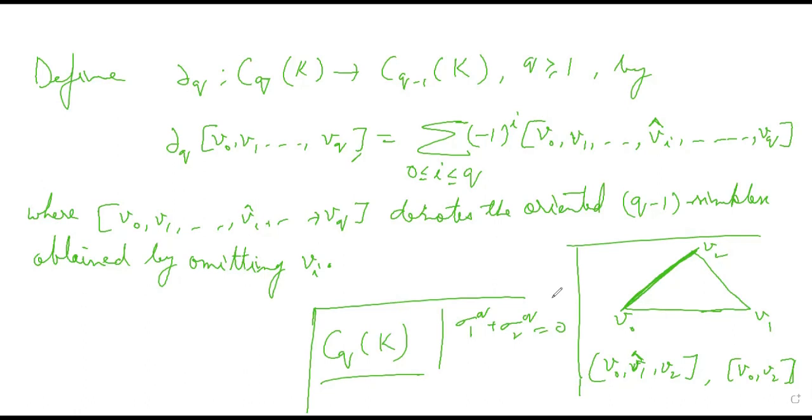So for every simplex, we will have two oriented simplices corresponding to different orientations. If this is a homomorphism, then we have to have boundary_q of sigma_1q plus boundary_q of sigma_2q equal to 0. So we need to prove this actually.